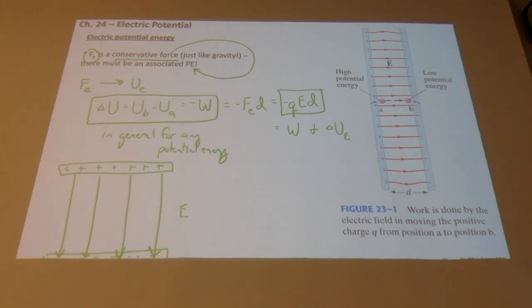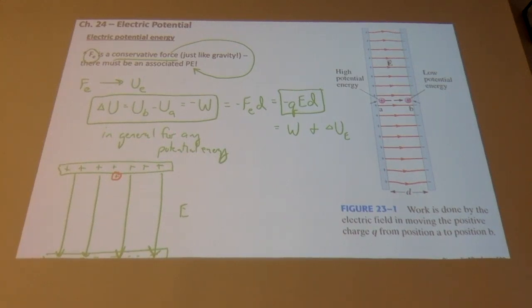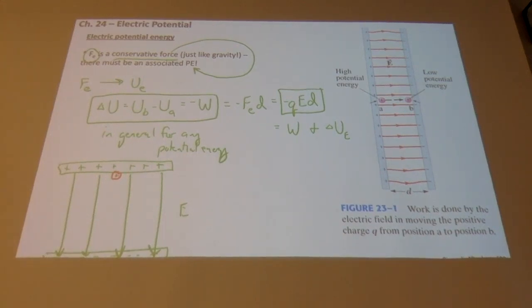So that if I take a positive charge and put it all the way at the top, it can't go any higher in the electric field, it's going to have the most potential energy it can have. So here it has high electric potential energy.